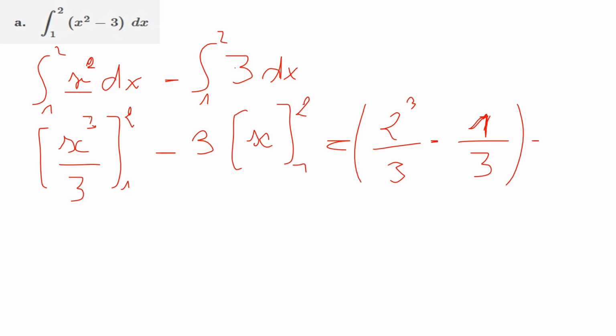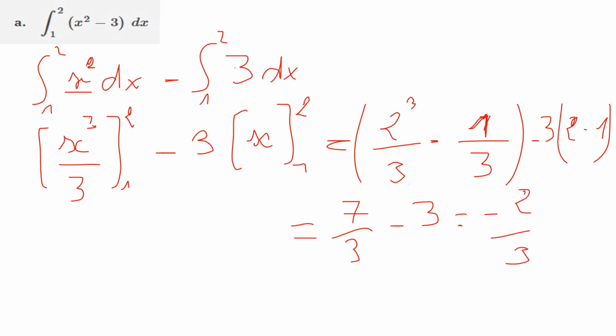Then we'll end up with minus 3 times (2 minus 1), which is just 1. This will end up being 8 over 3 minus 1 over 3, which is 7 over 3, minus 3 times 1, which is 3. Then this is just going to be minus 9 plus 7, just minus 2 over 3.